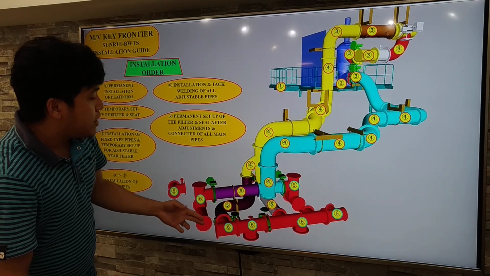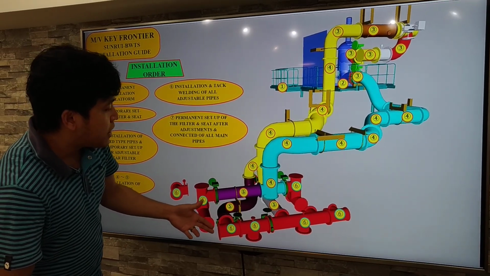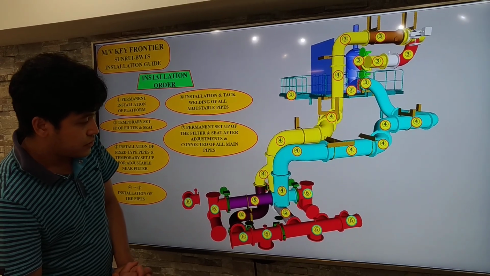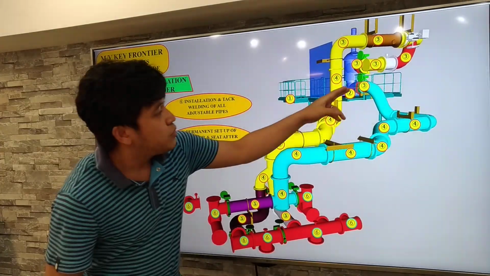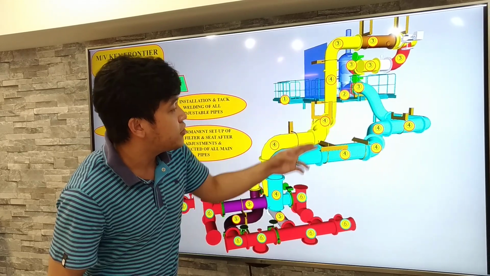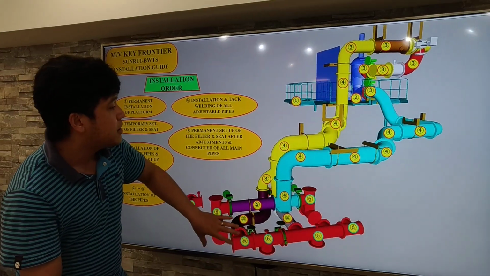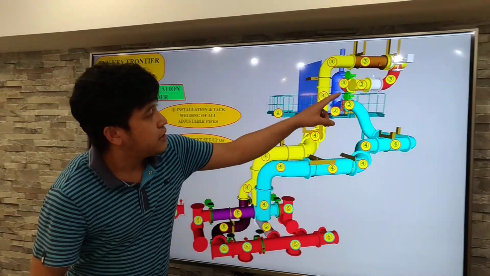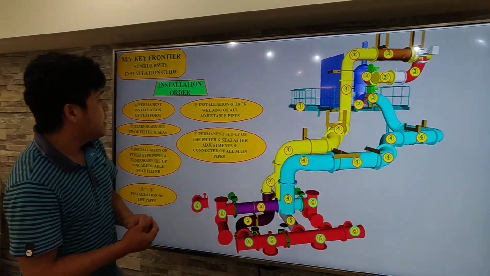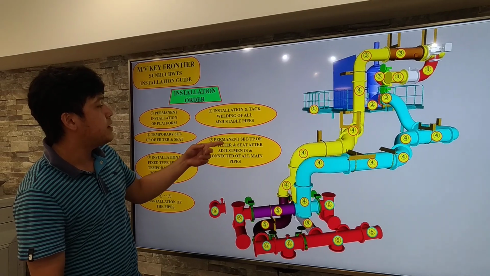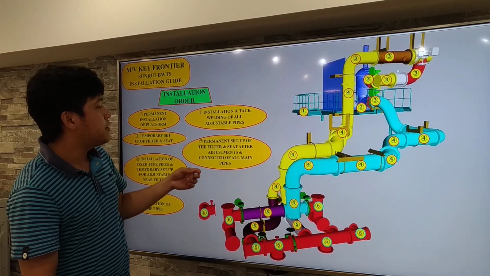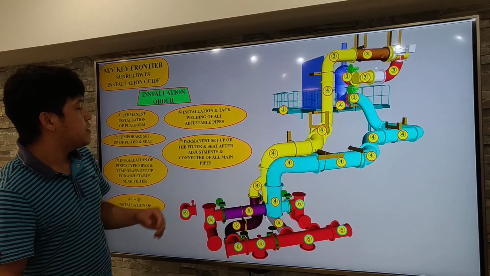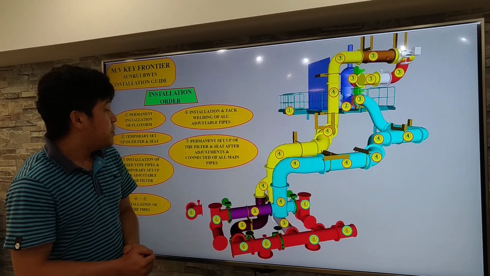So we have the adjustable pipes here near the pumps, and we will go back here later on after all these adjustments and tack welding for these pipes. And lastly, permanent setup of the filter and seat after adjustments and connecting all main lines of the pipes.